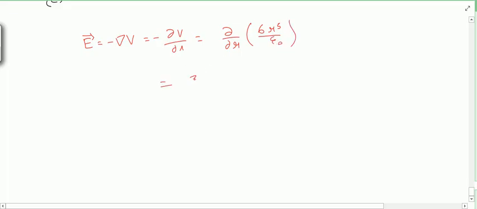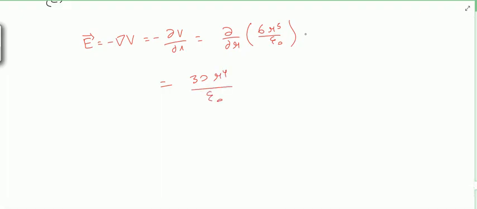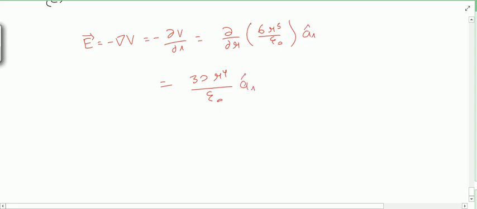If you solve this, it will be 30 r raised to 4 by epsilon naught, and here the direction is a r cap. Because it is a gradient of a scalar, what comes out is a vector. So this is E.